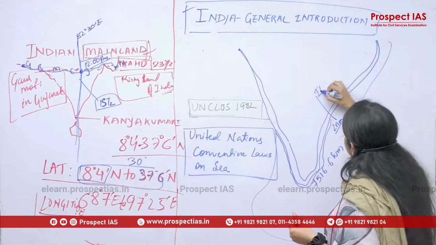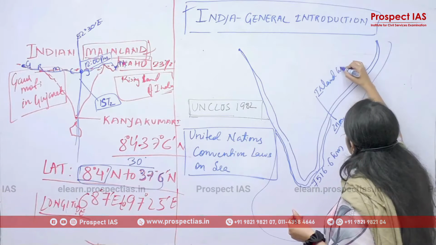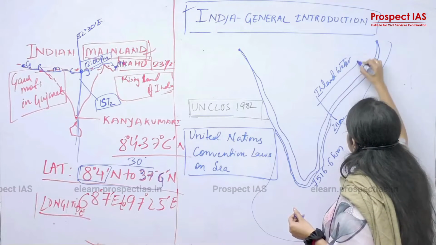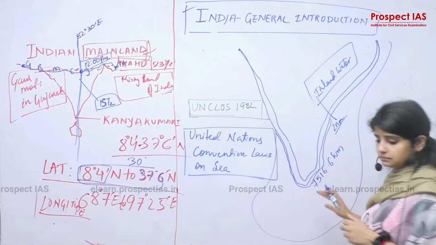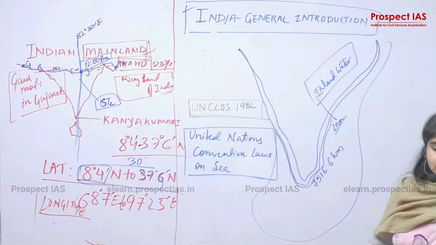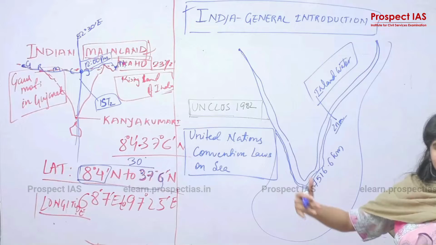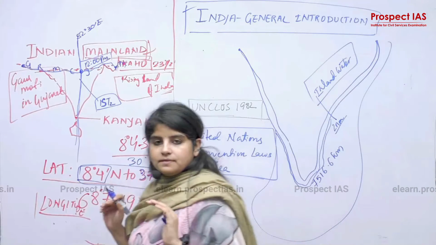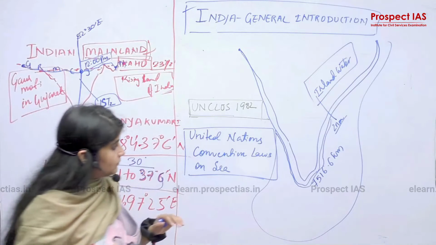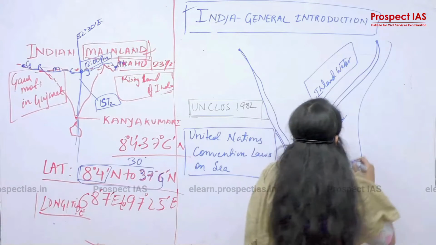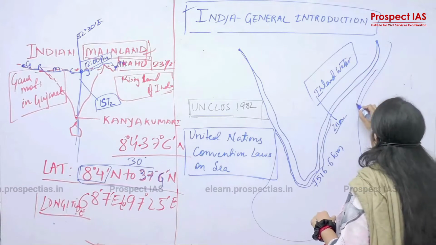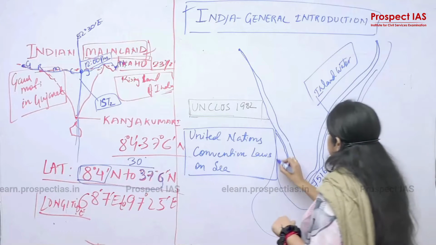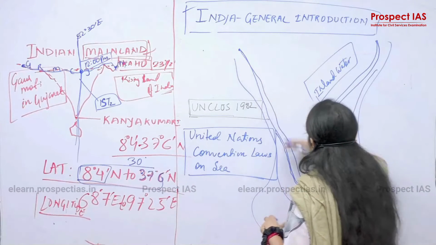This is your inland water. After that, territorial waters, the region around the land, is a circular region. There again you have a territorial boundary for using the sea.